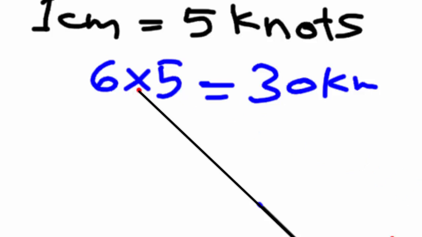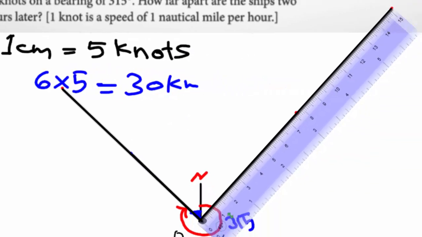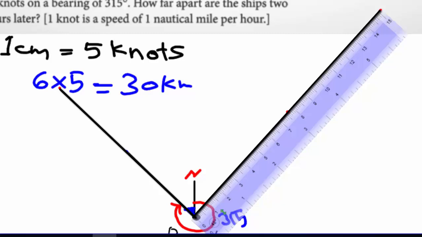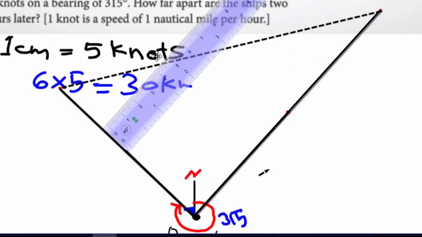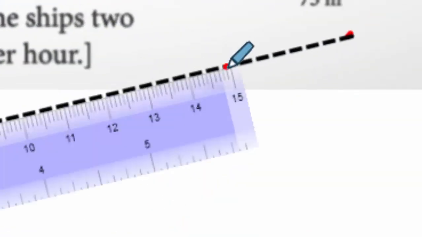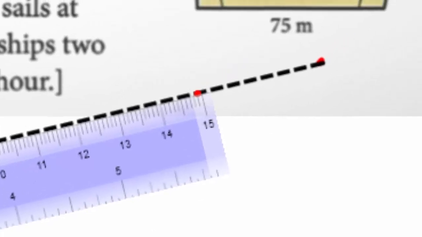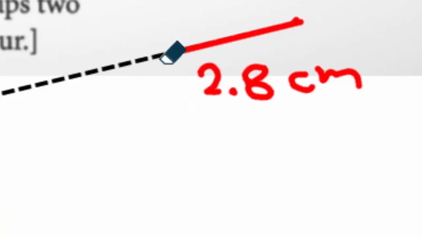Now, after 2 hours, it means we need to measure this distance from this point all the way to here. Now, the length of this dashed line represents the distance between the first ship and the second one. Until here it was 15 centimeters, and this part is 2.8 centimeters.